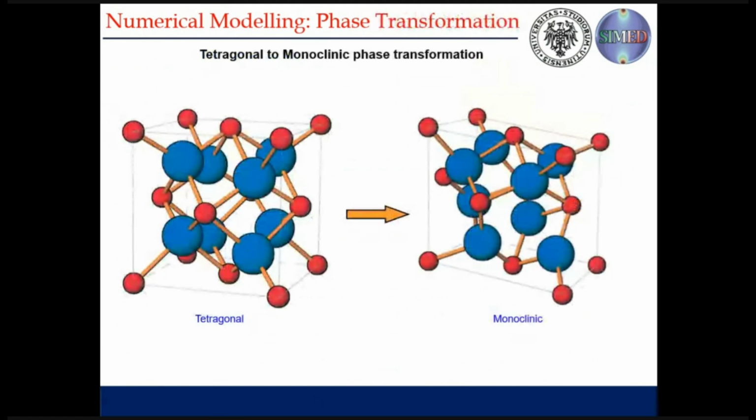So if we now move to the phase transformation. In our case, our material is based on zirconia, in which the tetragonal phase is converting into monoclinic with the application of stress. Here there is a change at the atomic level, so we want to mimic this.